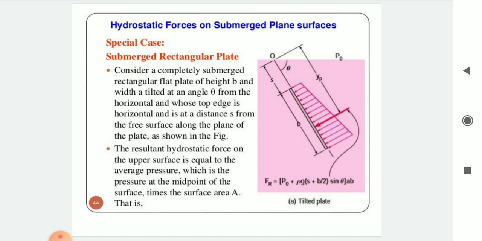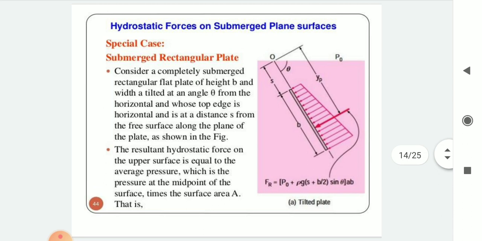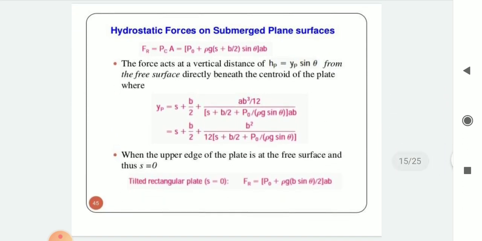The resultant hydrostatic force on the upper surface is equal to the average pressure, which is the pressure at the midpoint of the surface, times the surface area A. That is, Fr equal to Pc A equal to (P0 plus rho g (s plus b/2) sin theta) times A b.